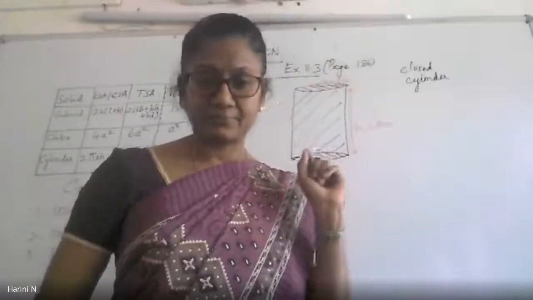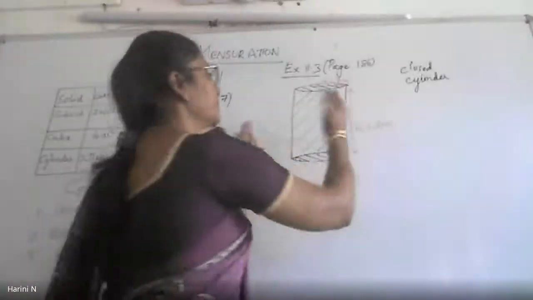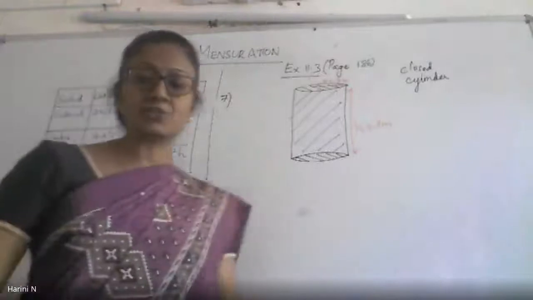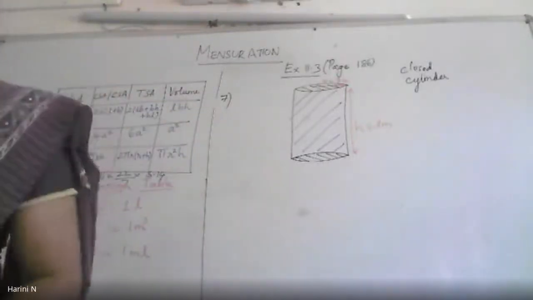So to find out the area of the metal sheet used, should you find the TSA or the CSA? Ma'am, TSA. Why TSA? Ma'am, because we need to cover the top and bottom also. Yes. Apart from the curved surface, the top and the bottom also should be closed with the metal sheet. So what I need to find is the TSA of the cylinder.